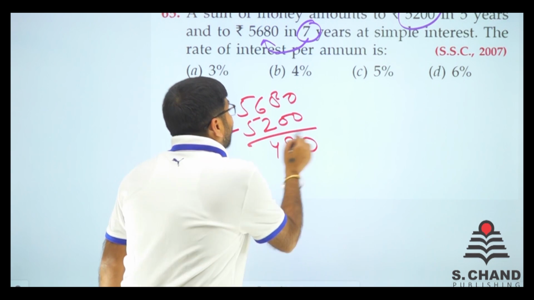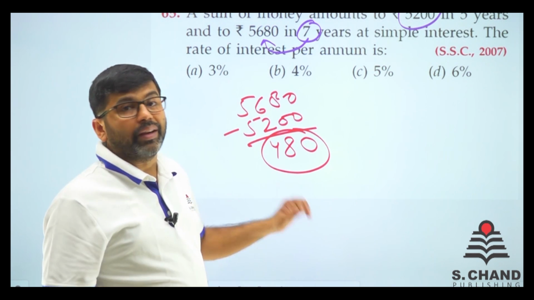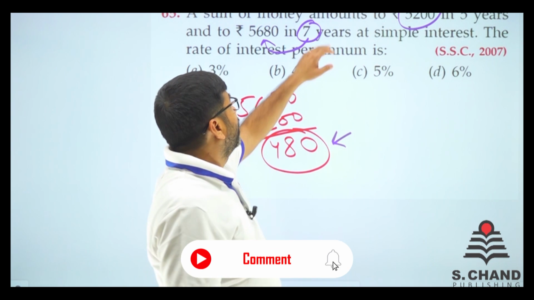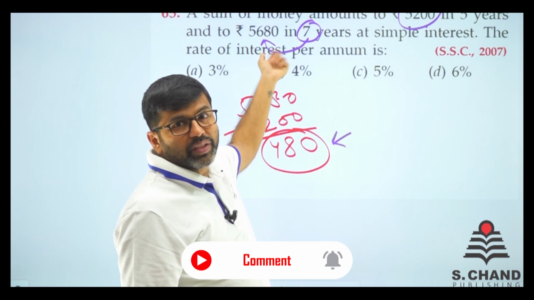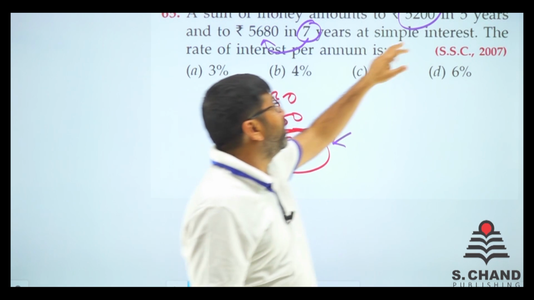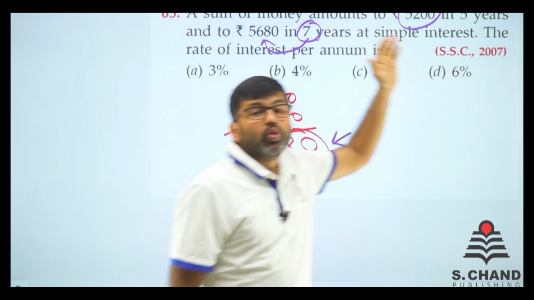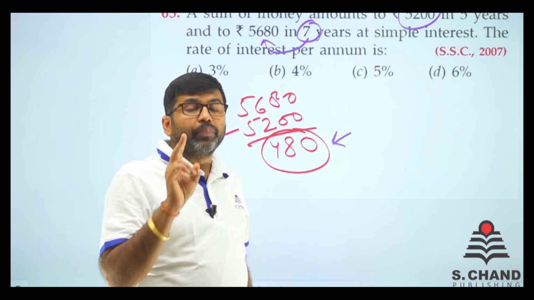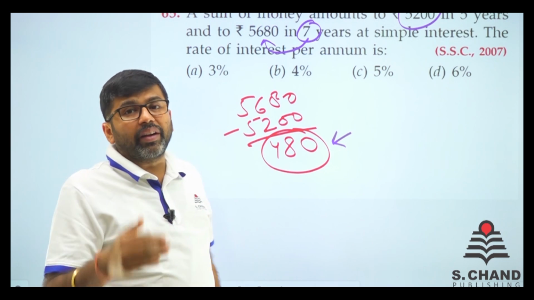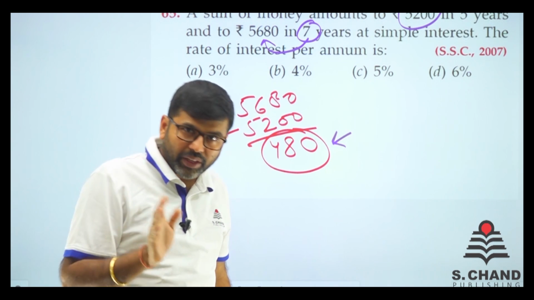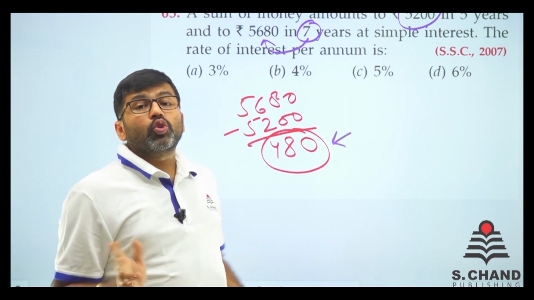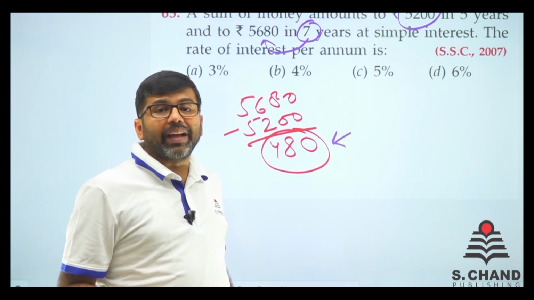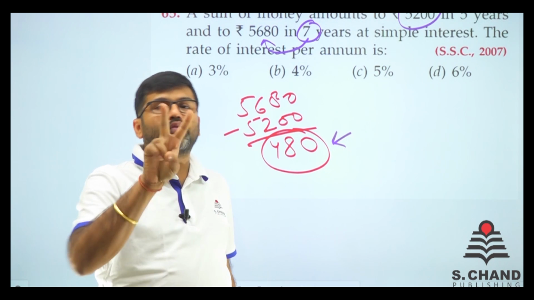That 480 is the interest of 2 years, if you understand this. So 5th year, then 6th year, then 7th year. 2 years are added and simple interest is added 2 times, one in the 6th year, one in the 7th year. So if we subtract the amounts, the difference is the interest for 2 years.